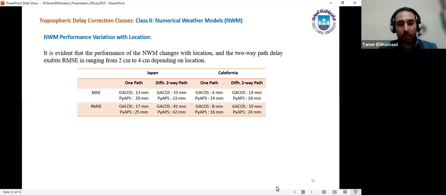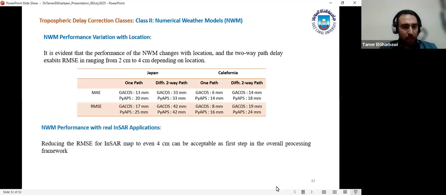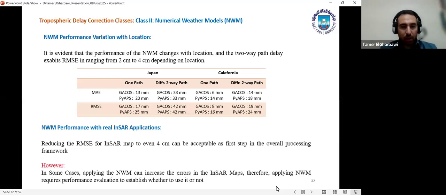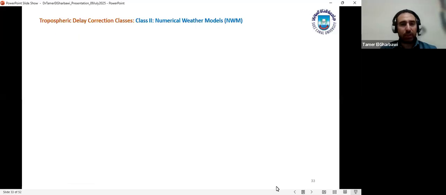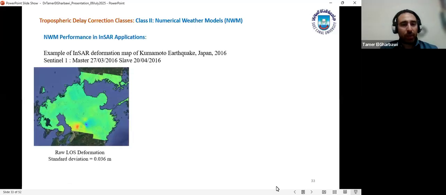It mainly depends on the region. So we need to evaluate the performance of each model in each study region.